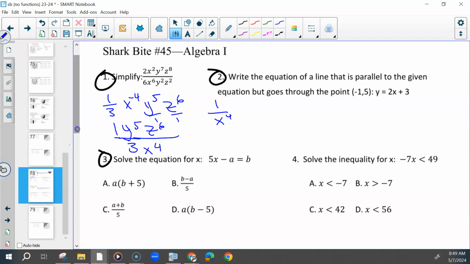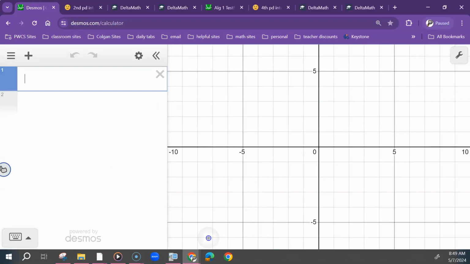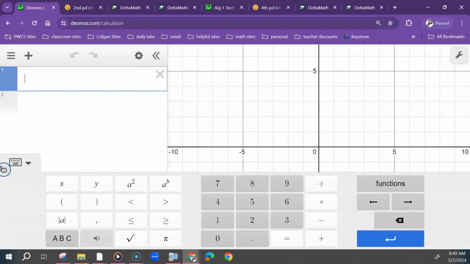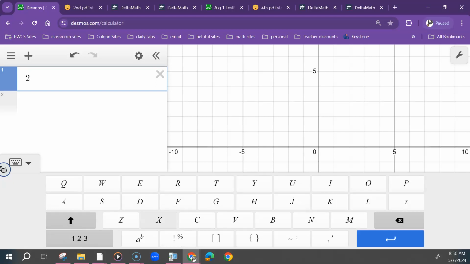Other questions? Now, anytime you get exponent rules on the SOL, definitely still double check yourself. Use the sliders. I'm going to type in the original with capital X's and Y's.